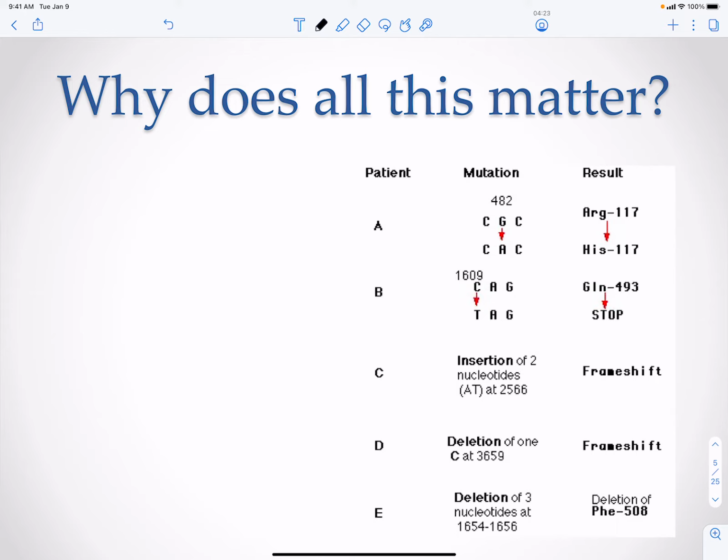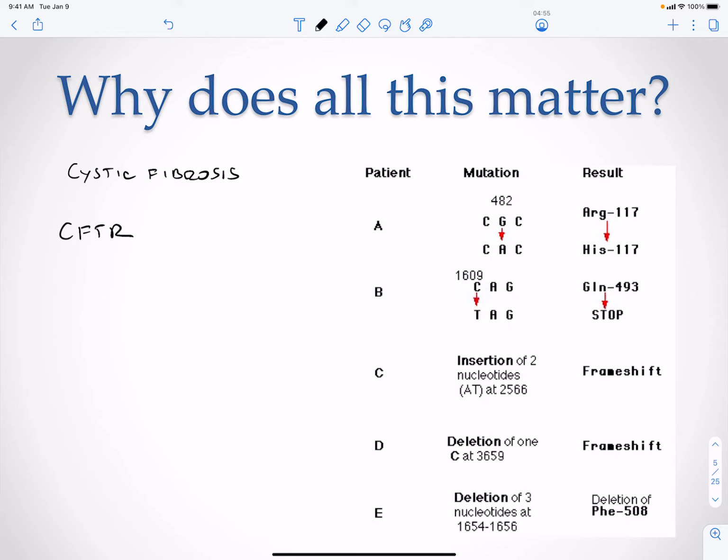So this is an example of cystic fibrosis. Cystic fibrosis is a lung disease, and it is multifactorial, but it's all associated with one gene. Multifactorial means that some people have some normal cystic fibrosis gene being made. It's the cystic fibrosis transmembrane conductance regulator, or CFTR.